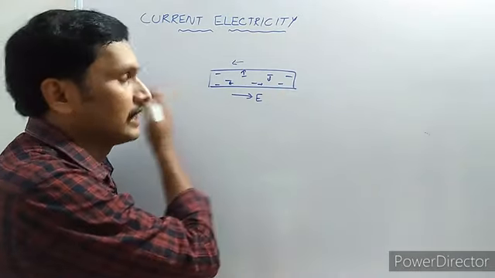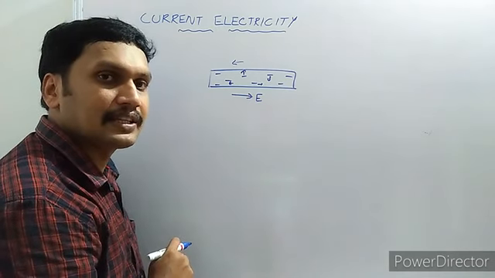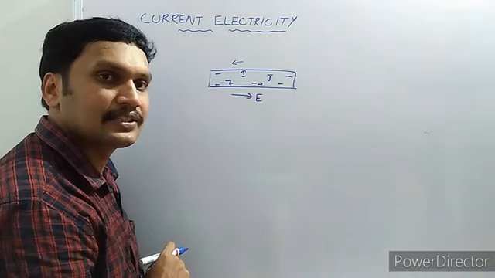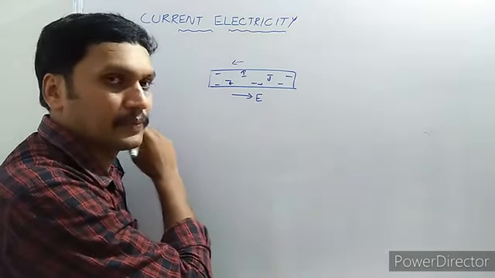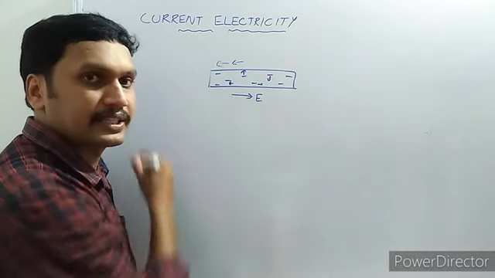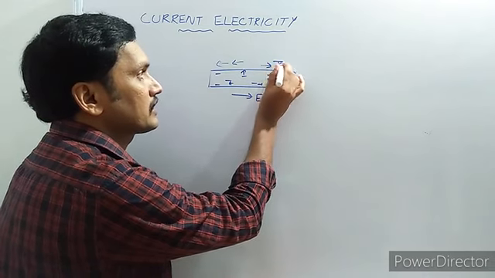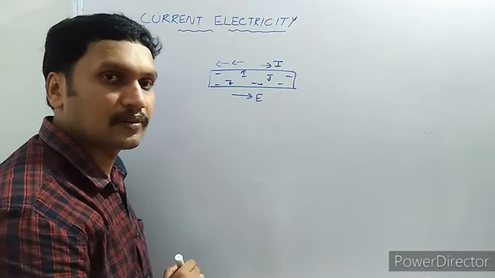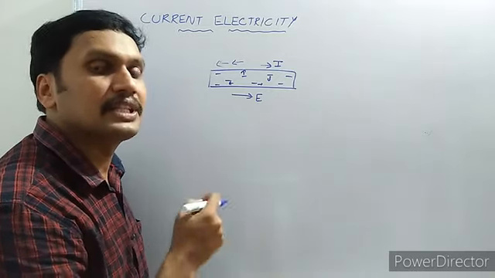This is the direction of the electron, and conventionally we take the direction of current as just opposite to the direction of flow of electrons. All the electrons are flowing in this direction, and the direction of current is conventionally taken opposite to the electron's motion, or in the direction of motion of positive charge.